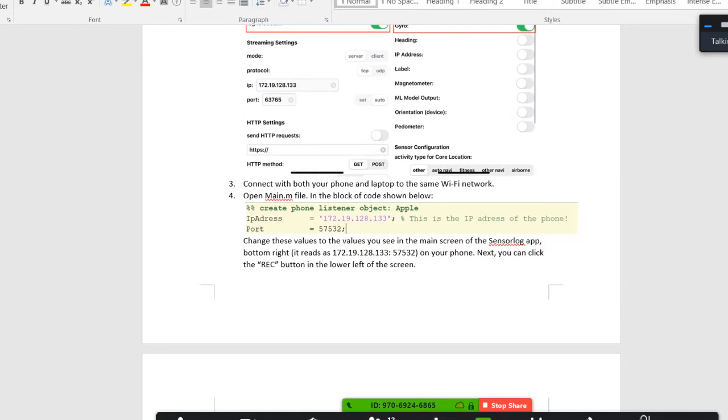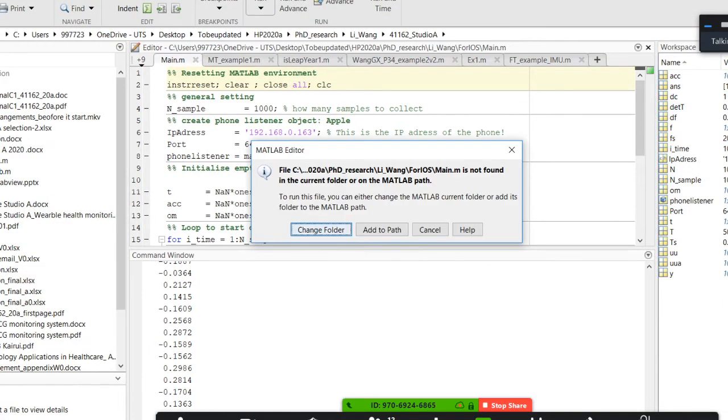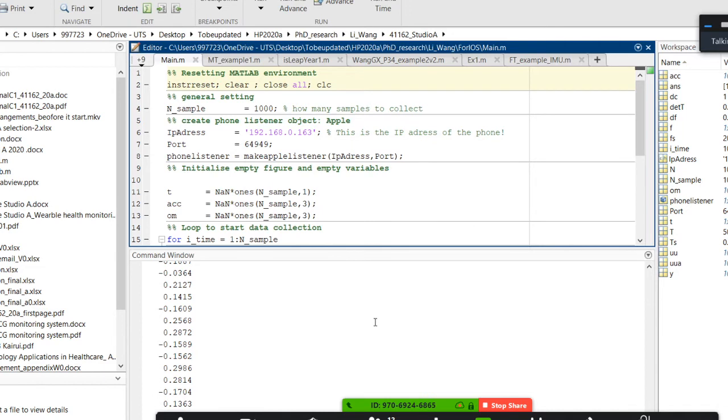For example, if I run this one, first you need to change the folder. If you put it in some folder, you need to change to that folder, or you can add it to the path. That means they will consider the two folders simultaneously as one folder. So I put it this way, which is also okay. So you can see nothing appears.